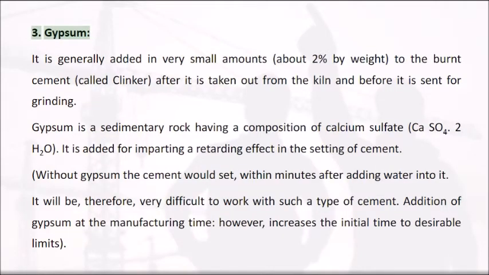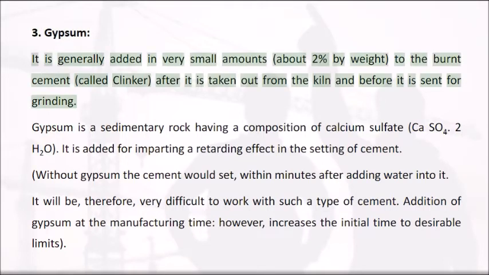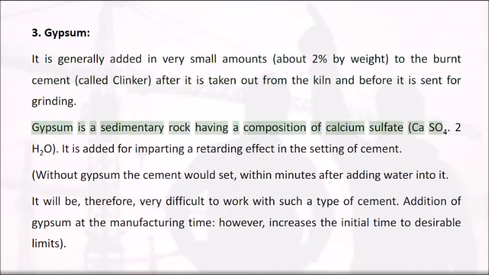3. Gypsum. It is generally added in very small amounts, about 2% by weight, to the burnt cement, called clinker, after it is taken out from the kiln and before it is sent for grinding. Gypsum is a sedimentary rock having a composition of calcium sulfate, CaSO4.2H2O.